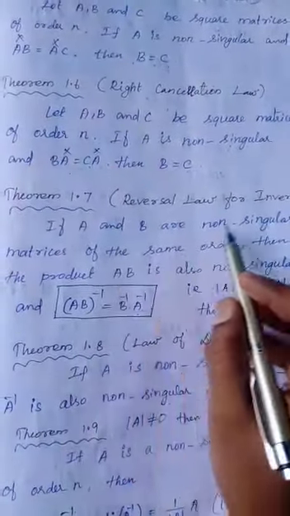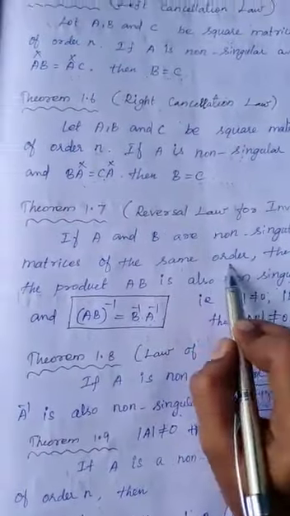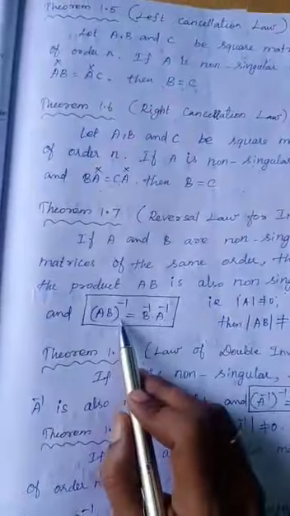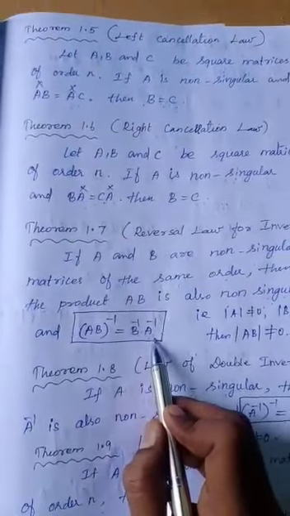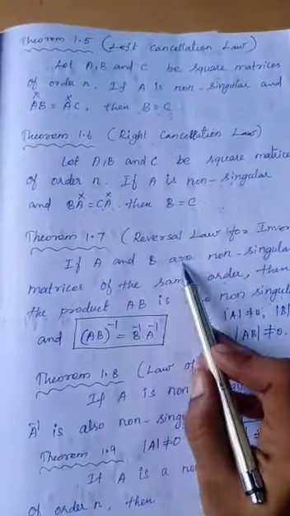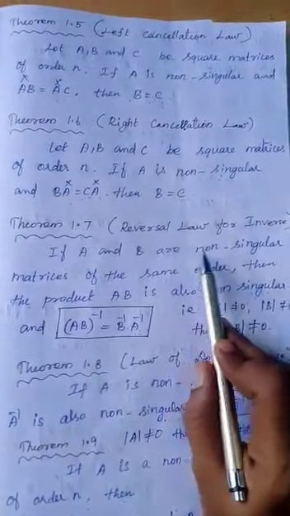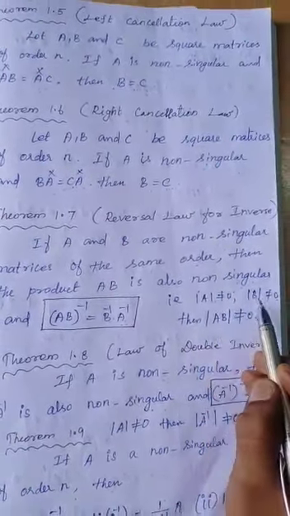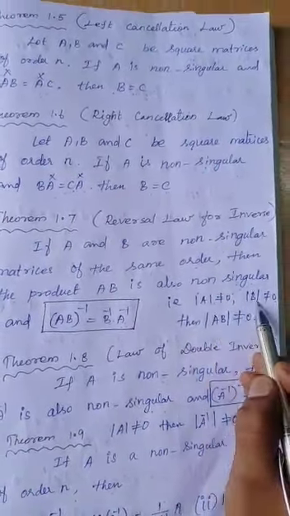If A and B are non-singular matrices of the same order, then the product AB is also non-singular and AB the whole inverse equals B inverse into A inverse. The first thing is A and B are non-singular. A and B being non-singular matrices means the determinant of A is not equal to 0 and the determinant of B is also not equal to 0.